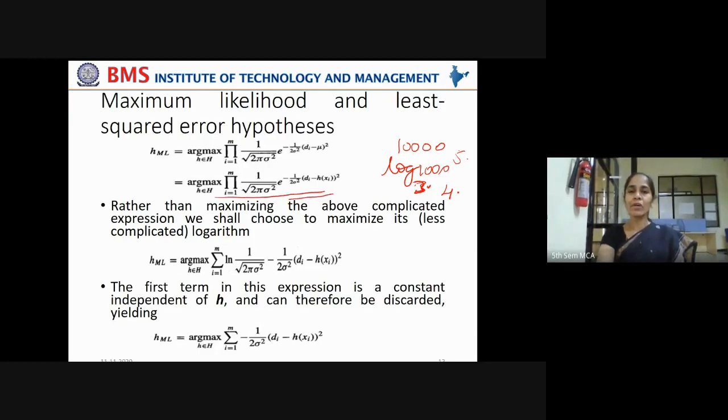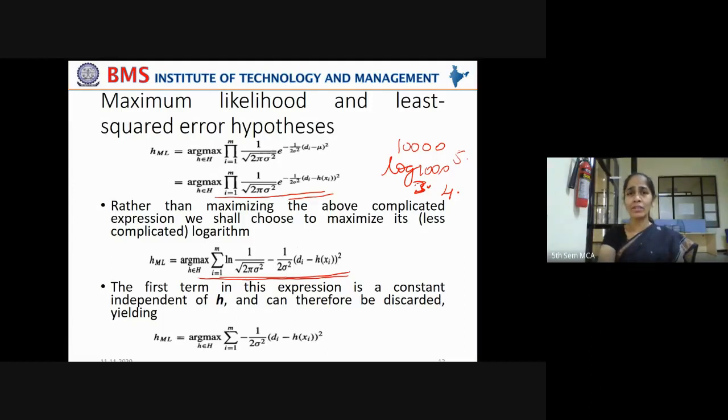For this complex calculation, if we apply log, let us see if we can bring down the terms in the equation. Now when we applied log here, observe this line, this equation, argmax h belongs to H. Instead of pi, now we are applying sigma, because we are trying to add up the values.